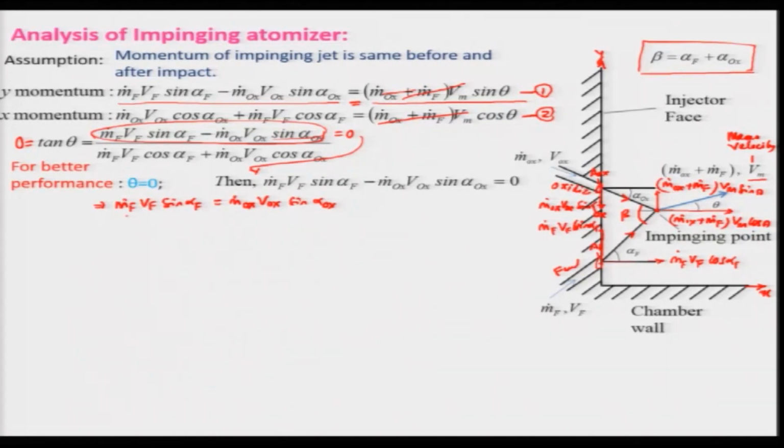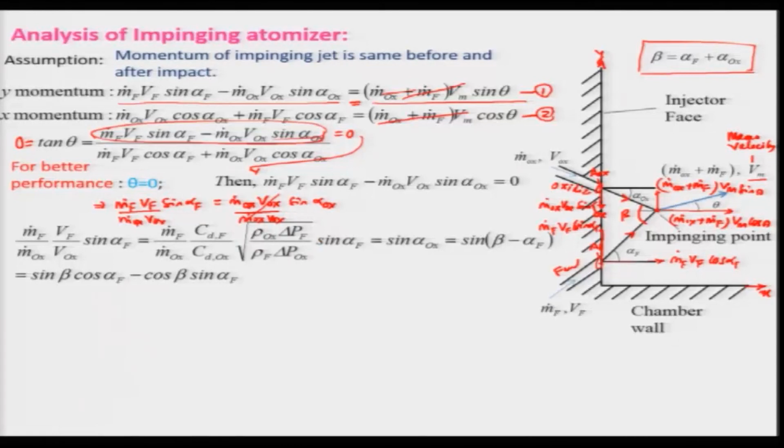If I divide by m dot Ox and v Ox, we can write this as m dot f over m dot Ox times v f sin alpha f on the left hand side.